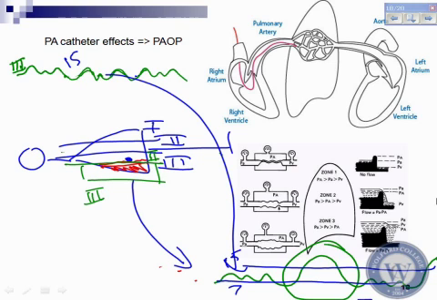If you put the PA catheter in with the person sitting up, it would be down here. Every once in a while, you'll see the PA catheter up here on the x-ray. That's a person who was in deep Trendelenburg when they put the PA catheter in. So you can tell exactly what position the patient was in when the PA catheter was placed. Does that help?